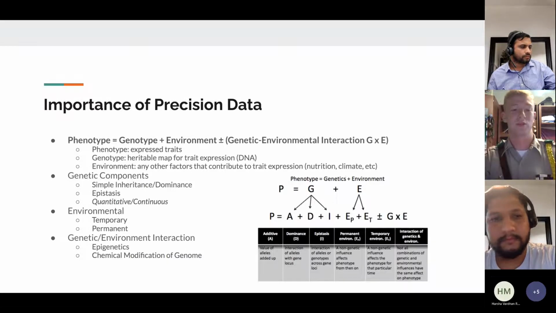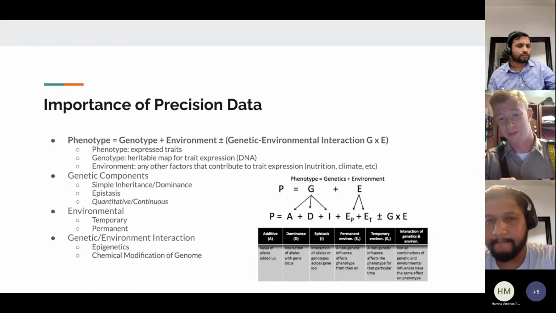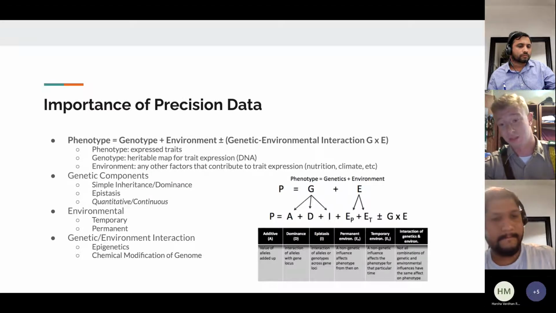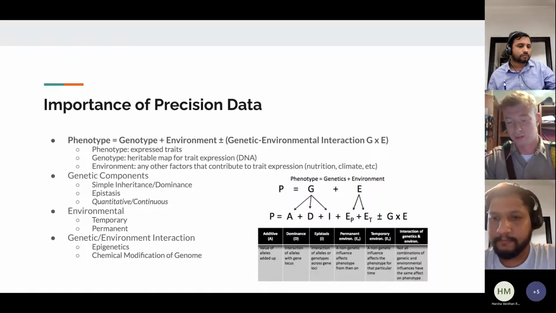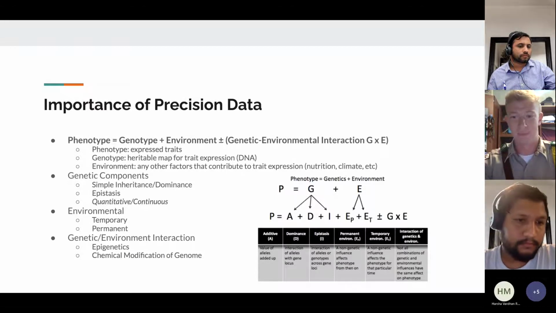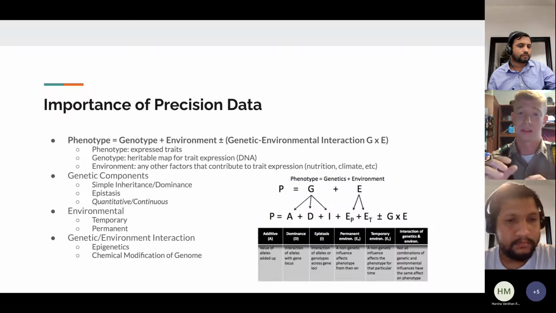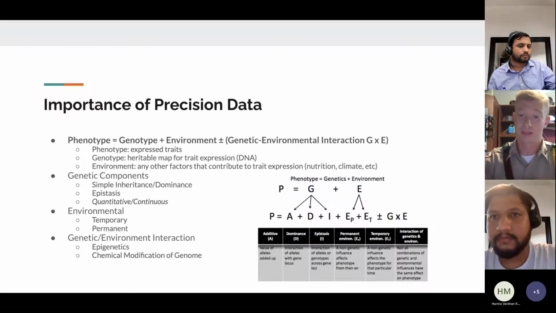And then there's, of course, the genetic environment interaction, which is the whole field of epigenetics, talking more about chemical modification of the genome, methylation of histones. Cancer research is really interested in that. But ultimately, what we're concerned with is getting the most precise measurements on our phenotypes.